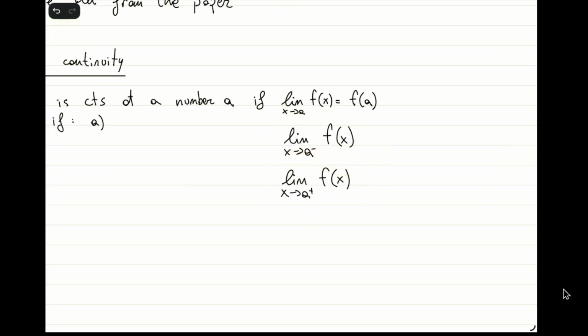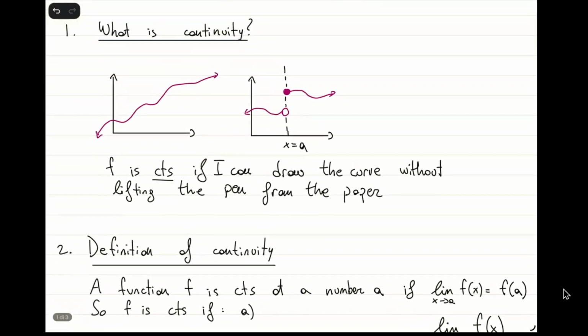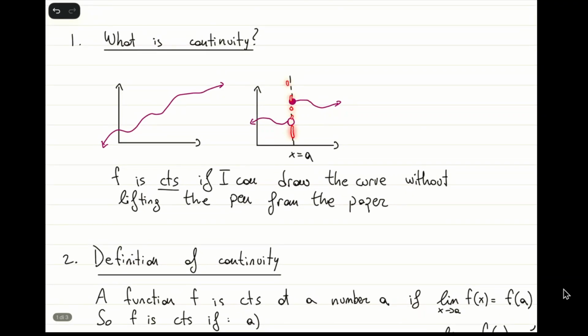So again, here we could just say these two are equal, equals f of a. So the function at that point, at the value x equals a, will be evaluated at just one output. So here you can see we have 1, we have 2, we got 2 y values. So this means the function is not going to be continuous.